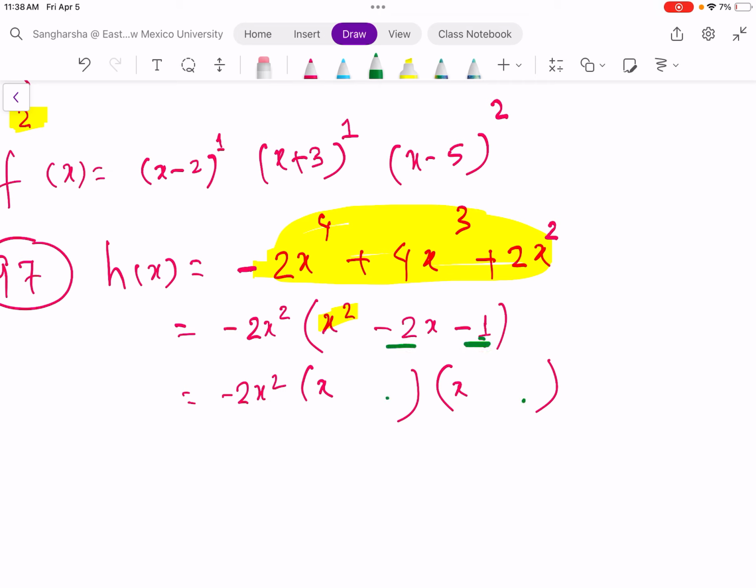Do we have any two numbers like that? We don't, right? It means we can't factorize. You don't need to use the quadratic formula. So this is our final answer.